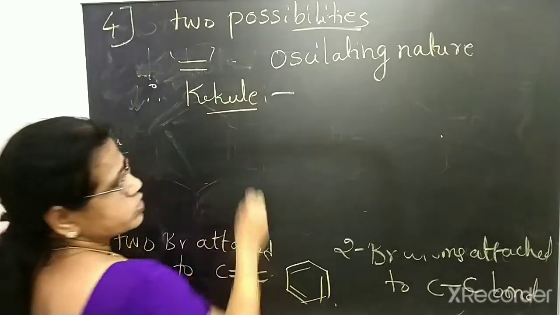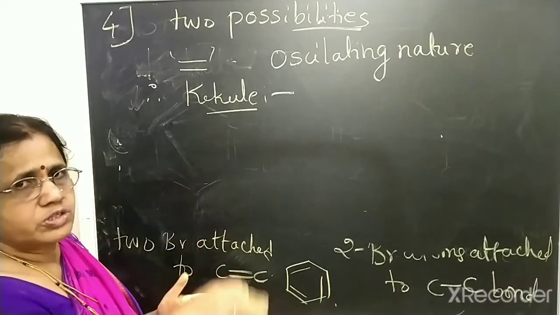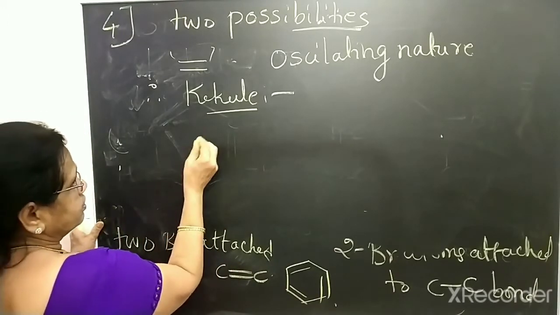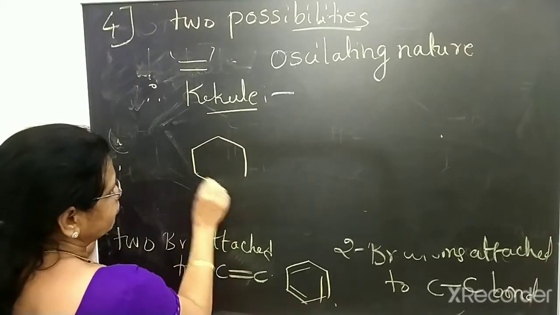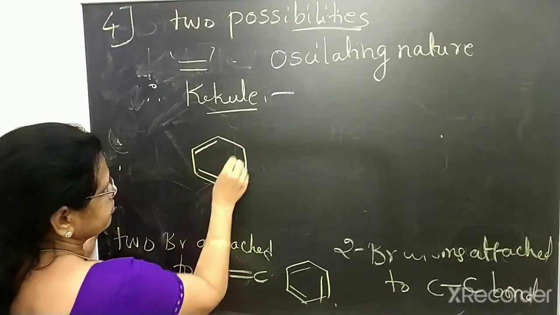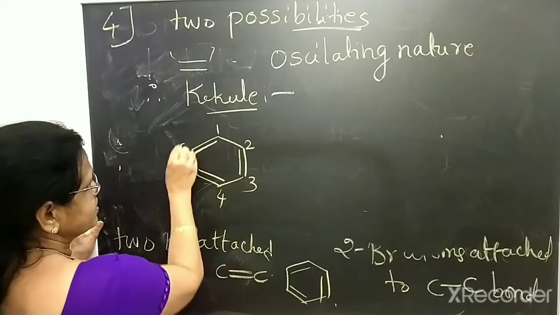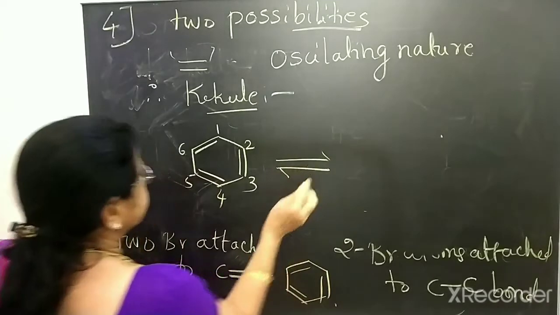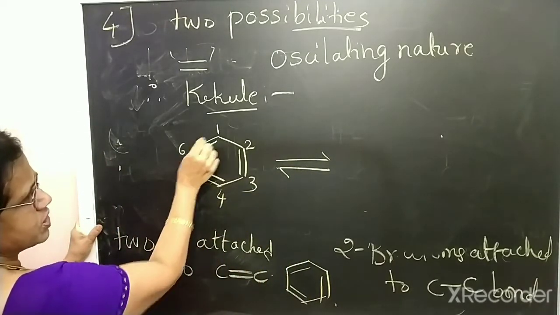gave two structures in which the pi electrons are oscillating in benzene. So for example, like this. Here in the first structure, if you give the numbers 1, 2, 3, 4, 5, 6, the double bonds are between carbons 2, 3, 4, 5 and 6, 1.